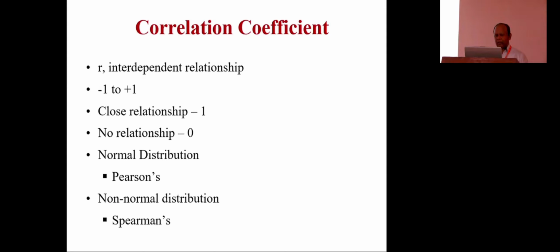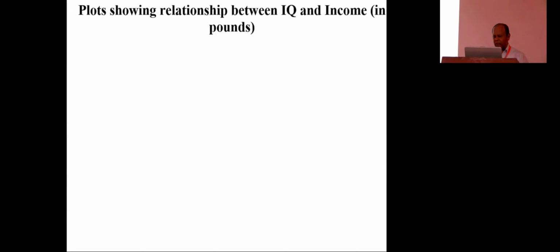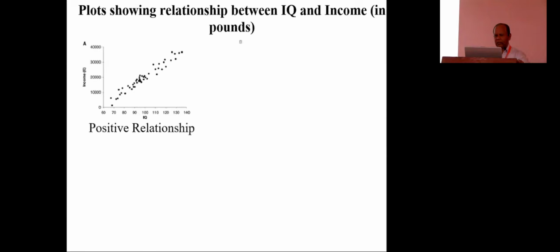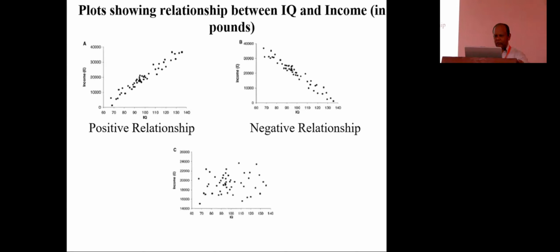Now the Y variable follows a normal distribution, and we are not going to cover anything about non-normal now. This is very important. This is a positive correlation. And you know what is negative correlation and what is no correlation and so on.